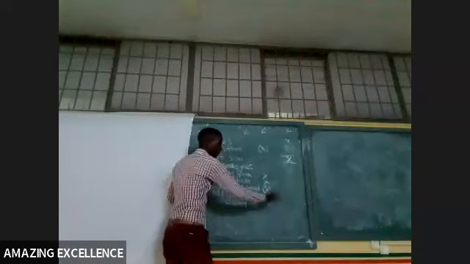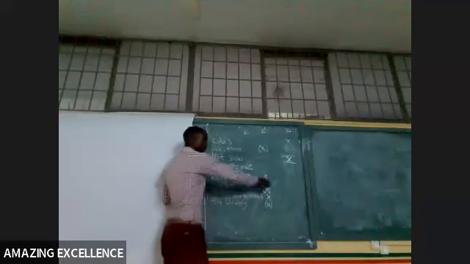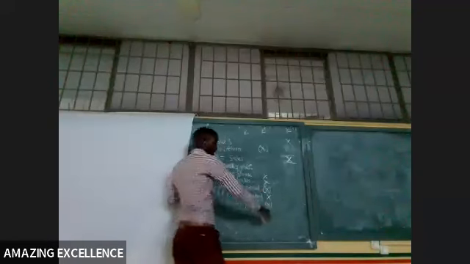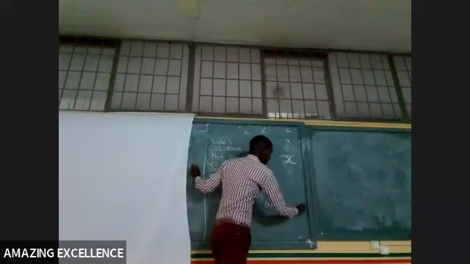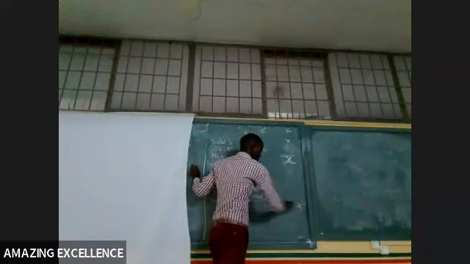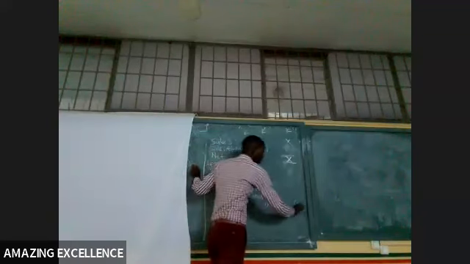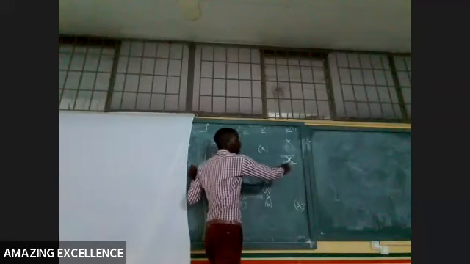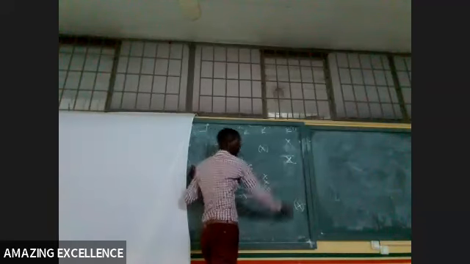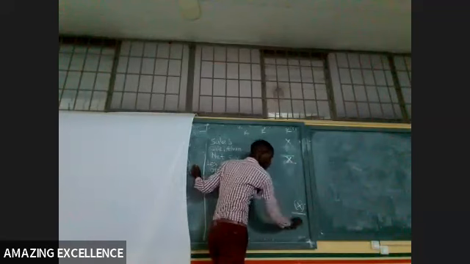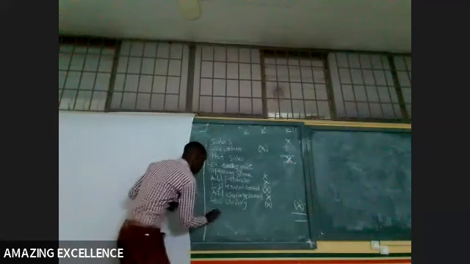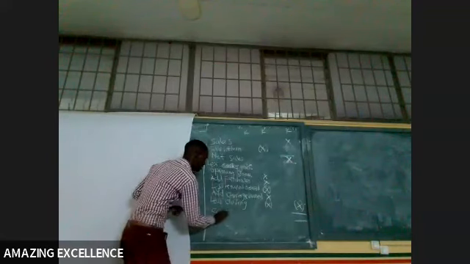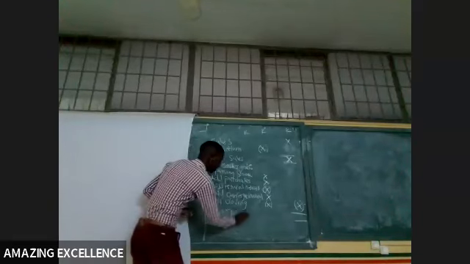Whatever you total up, everything up here, you'll be doing all these things. The amount that you get here, you write it here. You subtract it from the net sales, and what you will remain with is what is called the gross profit. Did you get that?